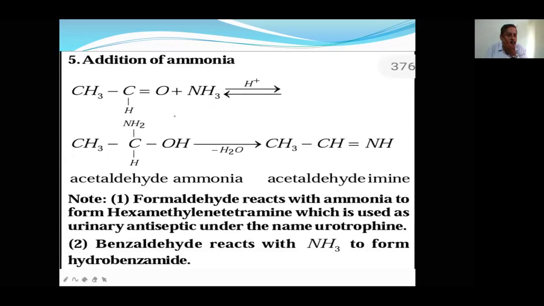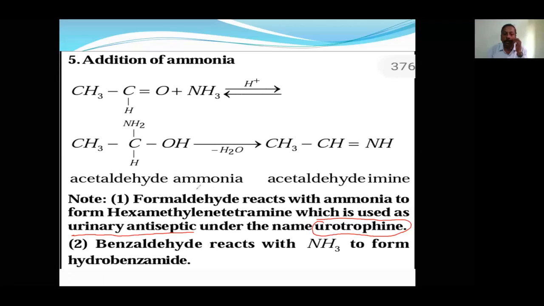Next one is addition of ammonia. Very important, but for future reactions. What is the importance of this? Here I will underline that important part, urotropin. Urotropin is very important, used as a urinary antiseptic.